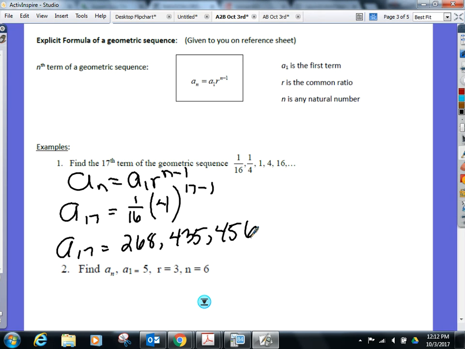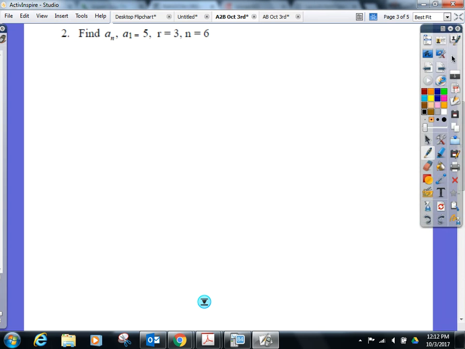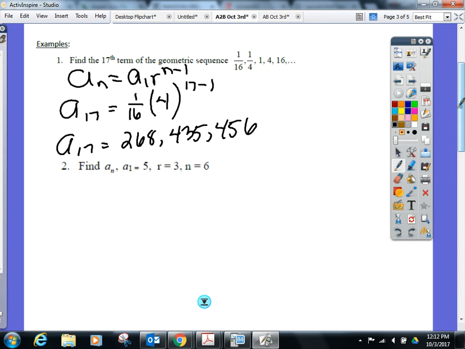Questions? Okay, let me walk around and let me see you do number 2 right now. Okay, finding a sub n, but I give you the value of n is 6 already. So go ahead. This is geometric. Got the formula right in front of you. Plug away.